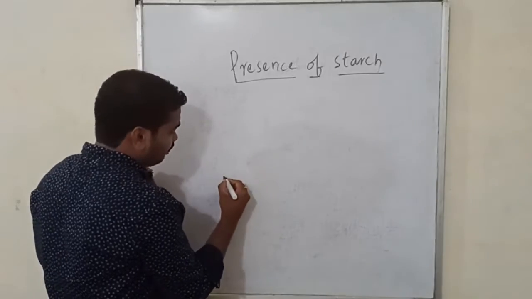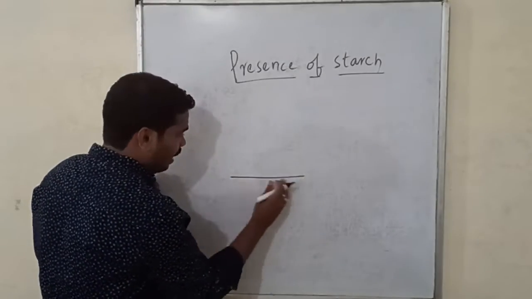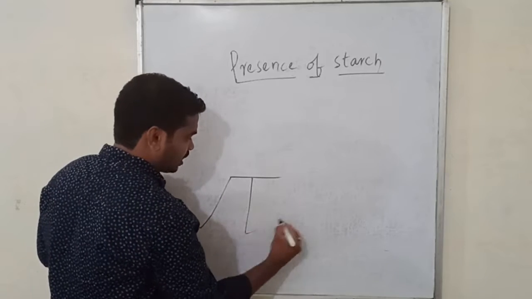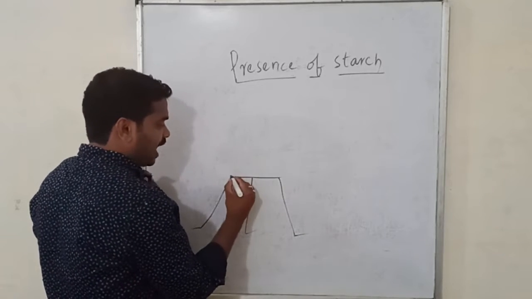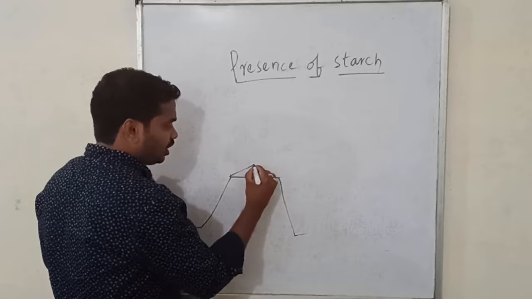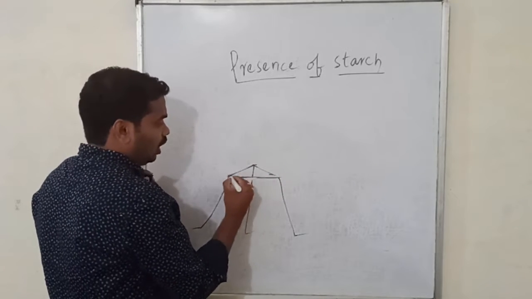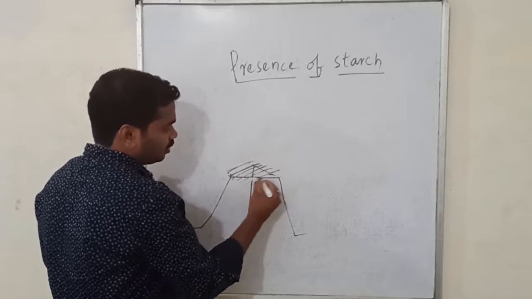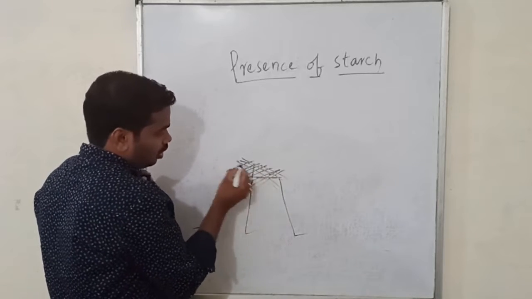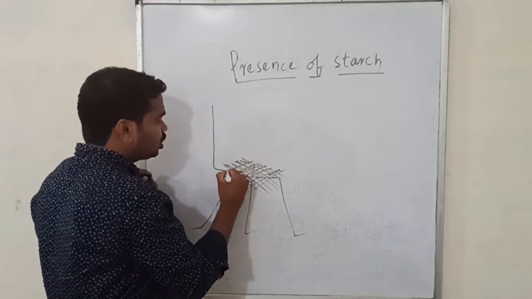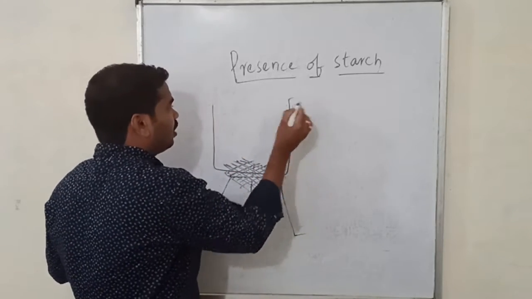Now we shall see what we will do in this activity. If you have seen in the laboratories, there will be a stand like this, a tripod stand, a three-legged stand, upon which a mesh will be placed, and upon that mesh we'll place a beaker.